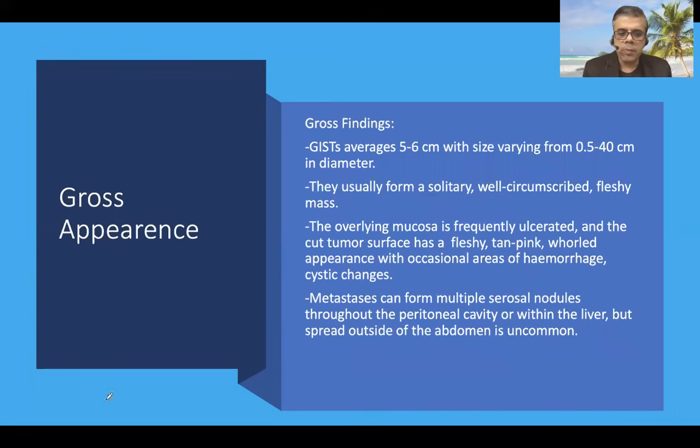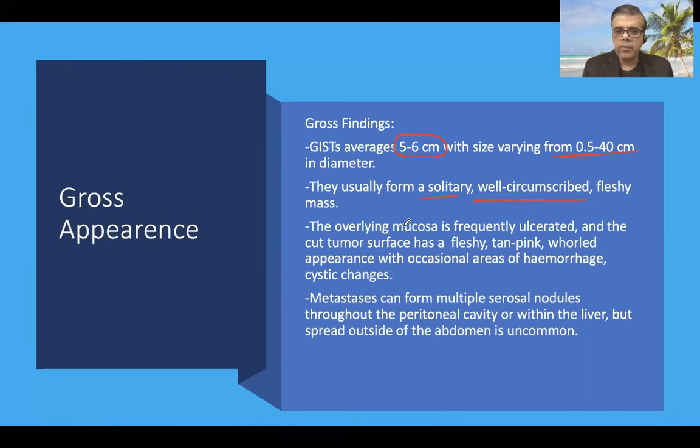The gross size averages around 5 to 6 centimeters, and overall the size varies from 0.5 to 40 centimeters. So you may see a tumor as small as 0.5 centimeter, or a tumor as large as 40 centimeters. Generally, they form a solitary, well circumscribed fleshy mass.